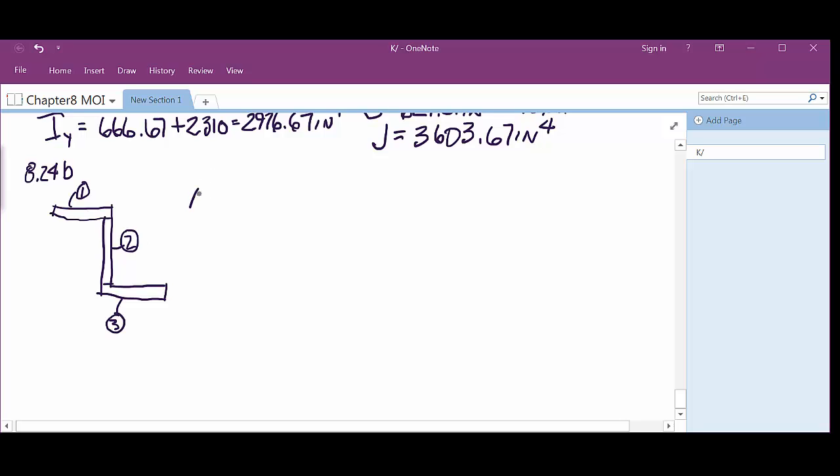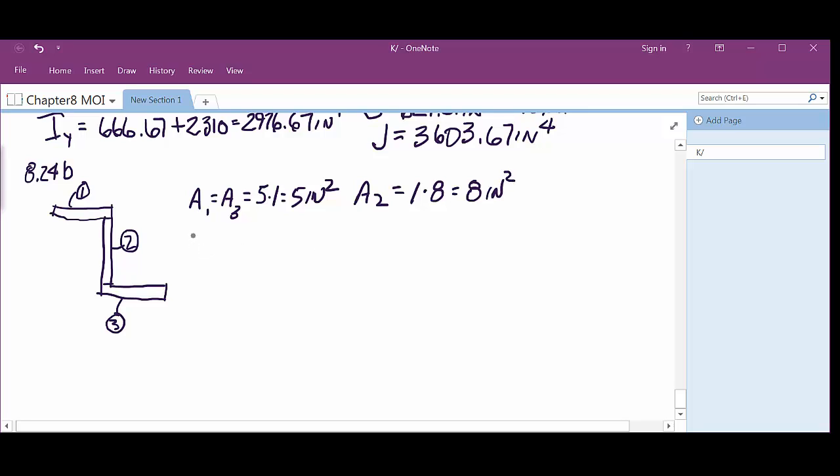So area for 1 and 3 are the same. And that's 5 times 1, 5 square inches. Area 2 was 8, or 1 times 8, base times the height, right? 8 square inches.